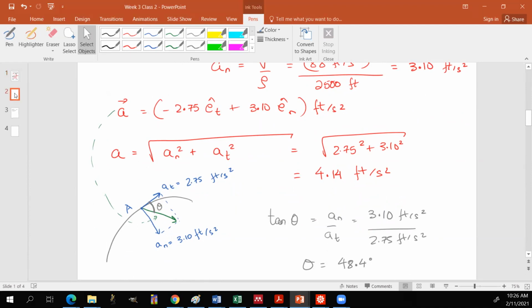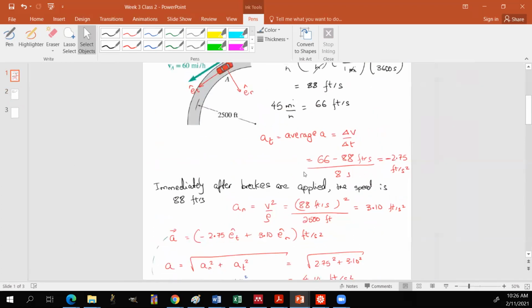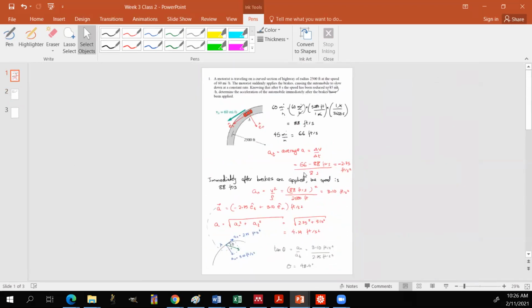All right, good stuff. Any questions with this question? So at the bottom there, where you have your two accelerations, radial and tangential, the resulting acceleration is that magnitude that we found at 4.14? Correct. Or the resulting acceleration is just this vector.